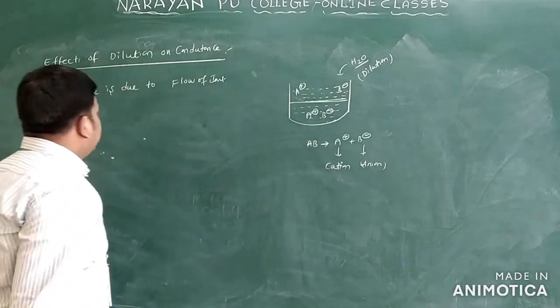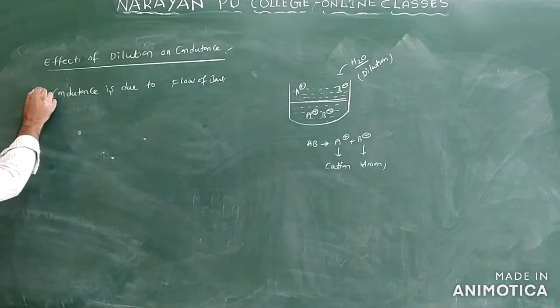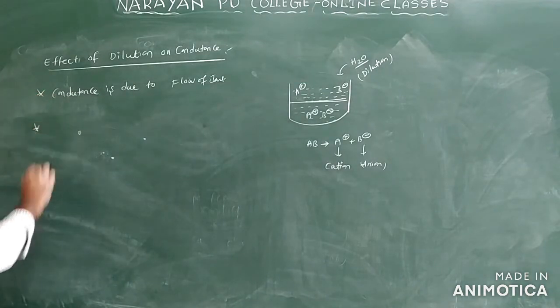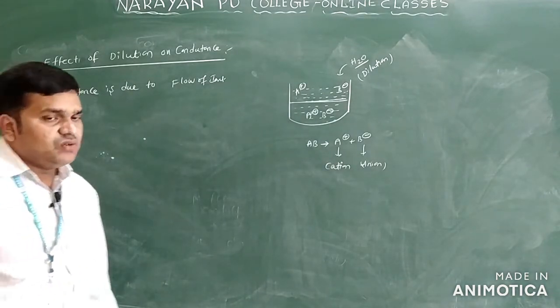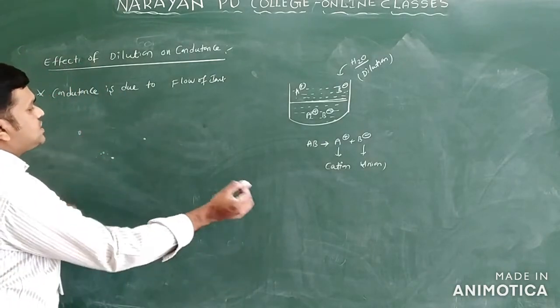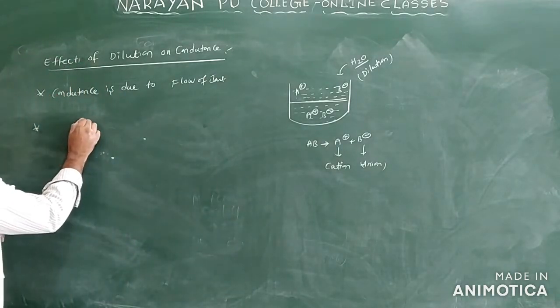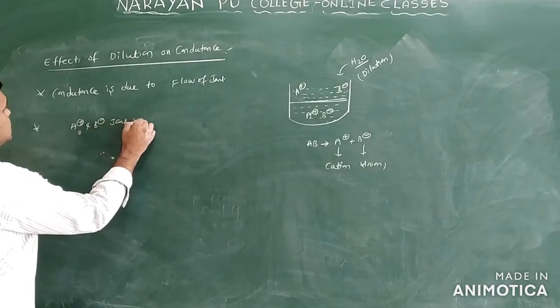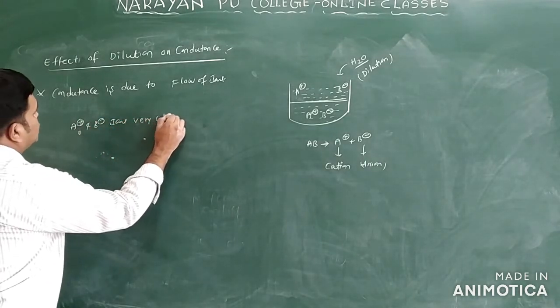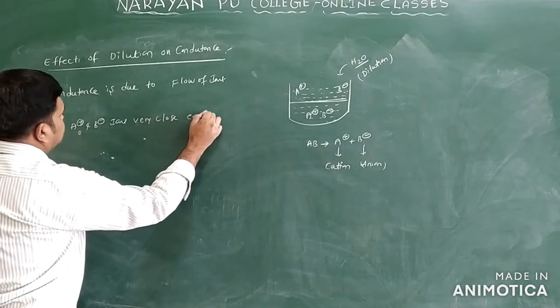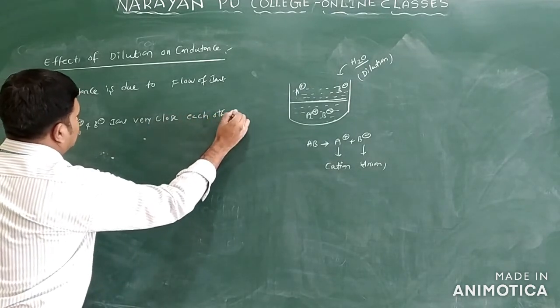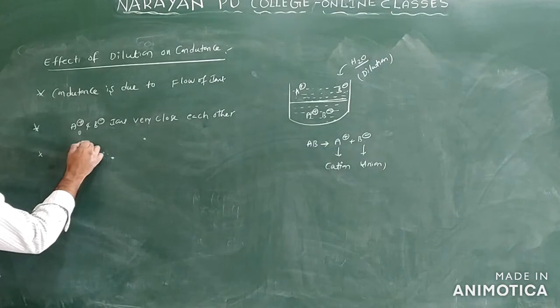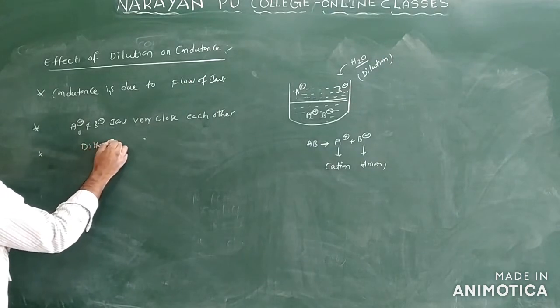Now we can see here what I told. Conductance is due to what? Flow of ions only. Initially, A plus and B minus ions are very close to each other. And one more point, the distance is very less only.